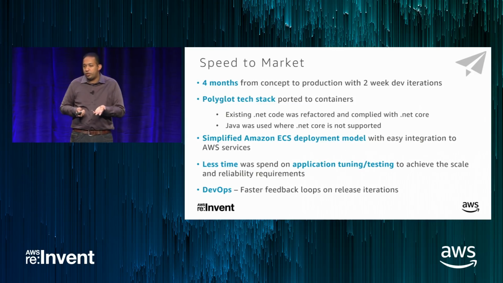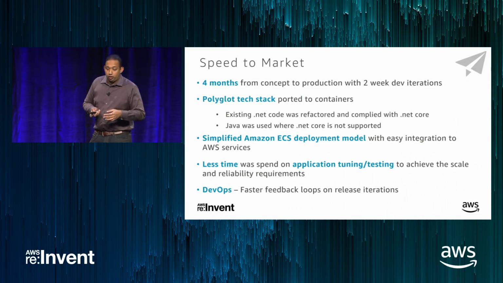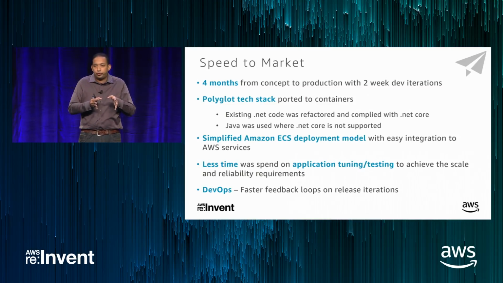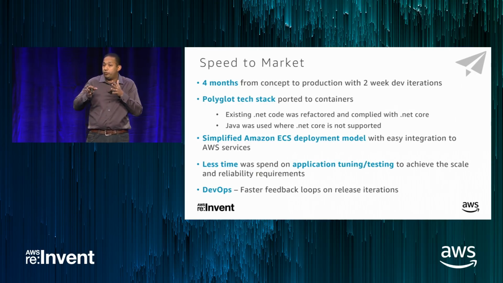The simplified ECS deployment model, Uthra went through that in detail, so I'll skip that point. Here's another important thing. Typically, as good developers, we all write code, and then we do a level of testing, a level of performance testing, and then take this massive cycle of integration and scaling.